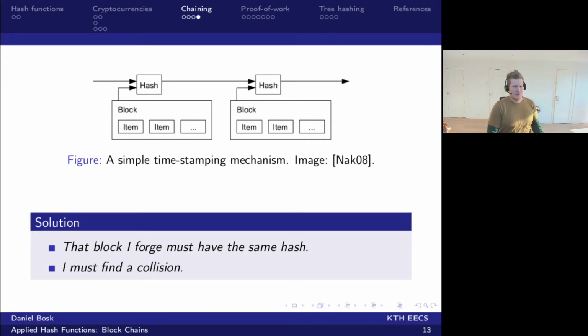So the solution to that question is that the block that I forge must have the same hash, which means if I want to forge, make changes in one of these blocks, it needs to arrive at exactly the same hash as it had before, which means the edits I make here must not change the hash. This means we must find a collision against this hash function that we have.